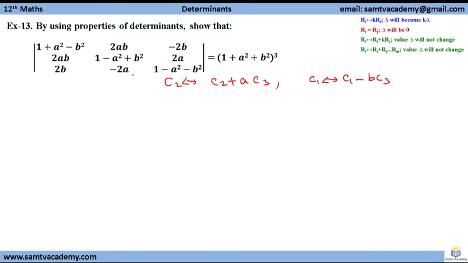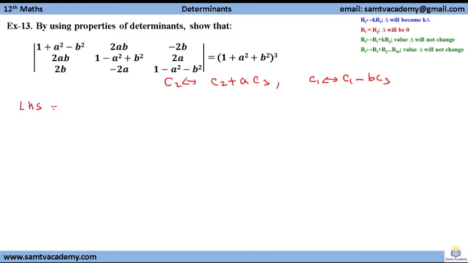With that, if we replace C2 with C2 plus A C3, this will remove the minus sign here, and similarly here also. That's why we are doing this, so that we can take 1 plus A square plus B square common.